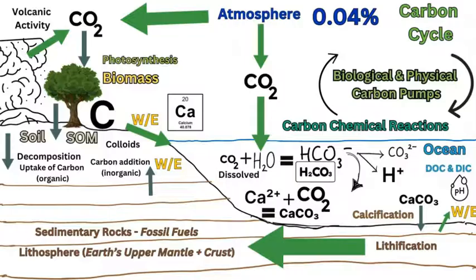However, if it changes by a small degree, it's going to have a large impact on the system, both in the influx of CO2 in the oceans and also with the biomass in regards to photosynthesis.